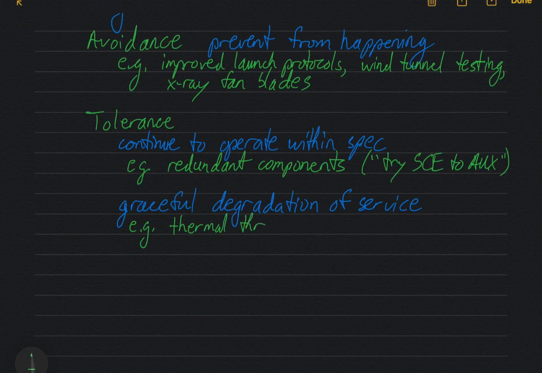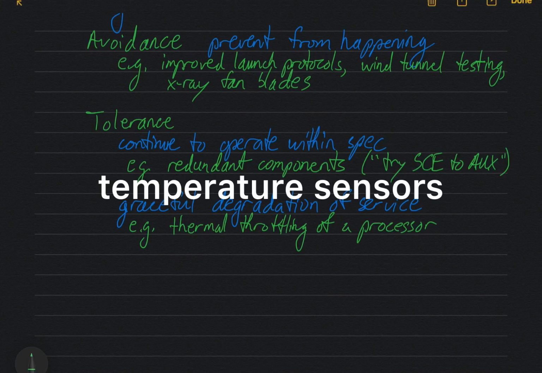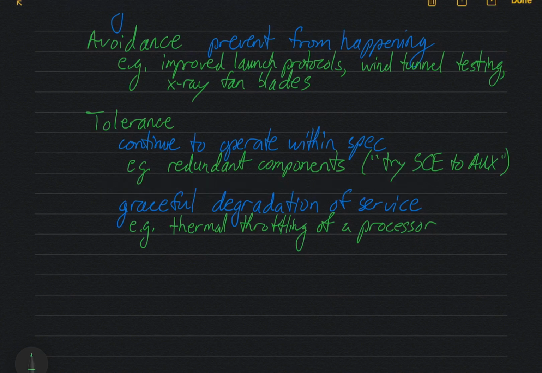Thermal throttling of a processor. So if an integrated circuit gets too hot, errors can be introduced, erroneous values, and so on. And so processors have, I guess, thermostats built into them that can be read and can be, if the processor is getting too hot, they can slow the clock speed down so that it doesn't get to the point where it's going to start operating out of spec and producing bad results.